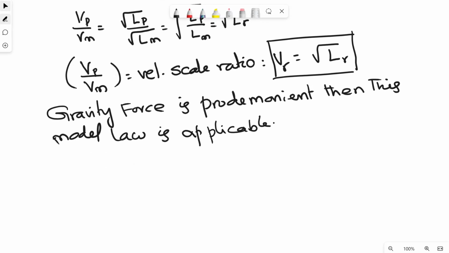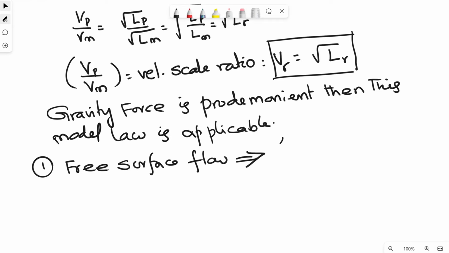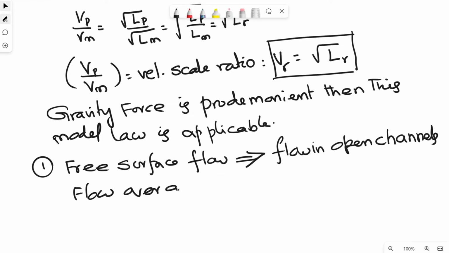What are the situations where you apply Froude's model law? Especially free surface flows. Wherever free surface flow is there, that is flow in a canal, flow in open channels, flow over a spillway, wherever the water surface is exposed to the atmosphere, flow over weirs.